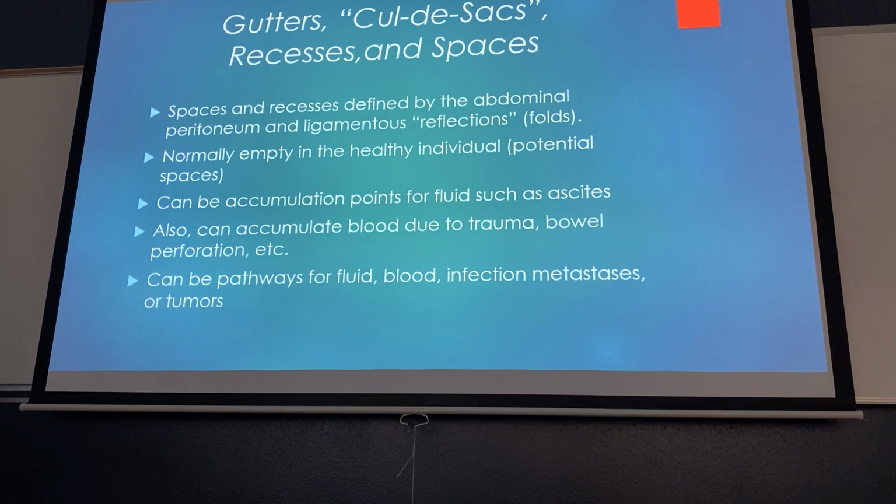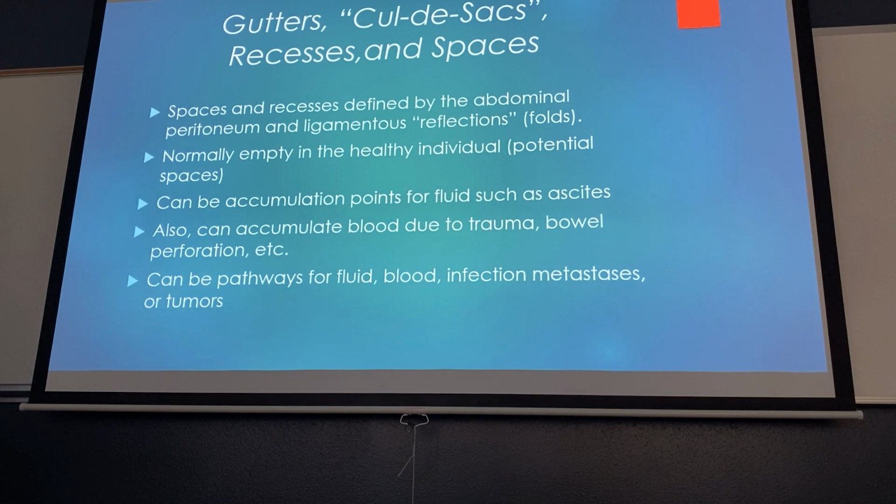In other cases, what you have is what's referred to as a reflection. A prime example is in the female, where the uterus is anteflexed over the bladder, and a tiny portion of the peritoneum comes in between those 2 structures and comes back out. Very small, that's simply a fold, or what's referred to as a reflection.